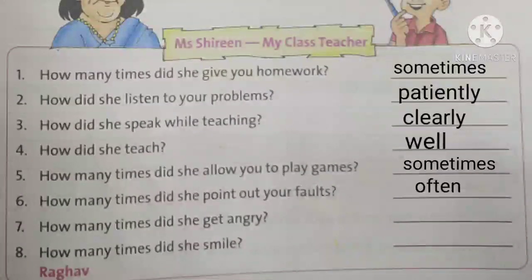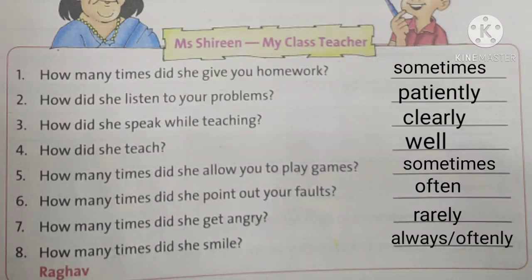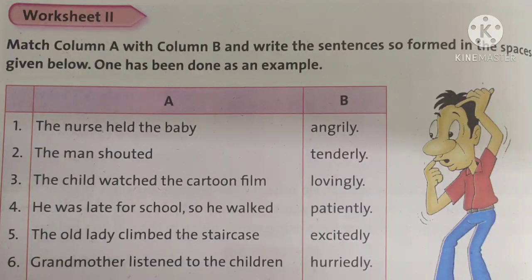Often. How many times did she get angry? Rarely. And how many times did she smile? Always or often. So these all answers are given by Raghav. Now here you can see that all the questions are about how, kaise.